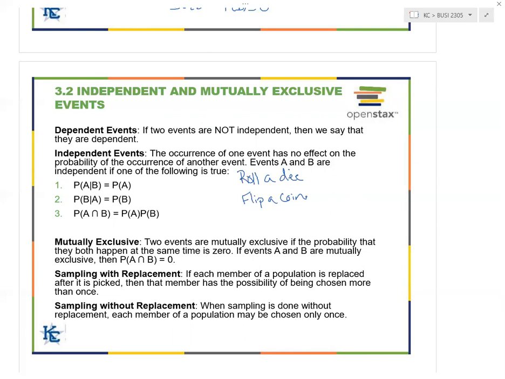Okay. And so mutually exclusive events means that the events don't have anything in common. So that means that when you say and, there's nothing in common, right? So it can't happen. For example, if I roll a die, rolling an even and an odd when rolling a die one time is impossible.